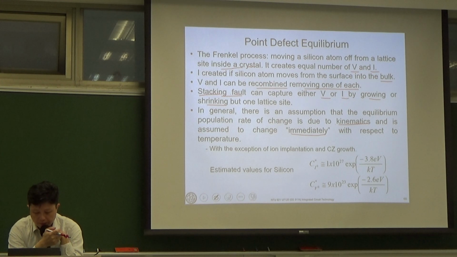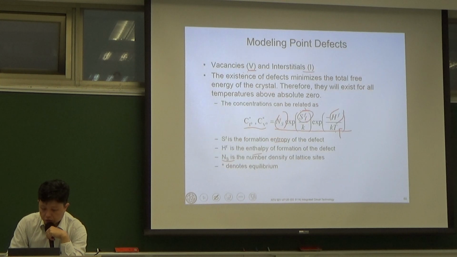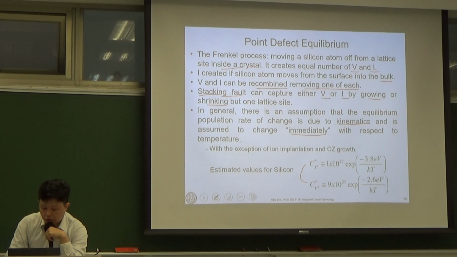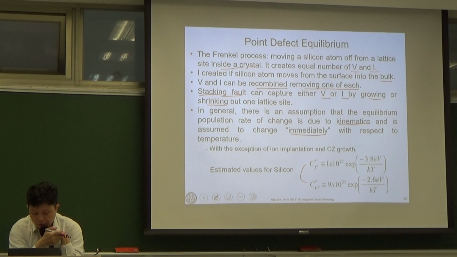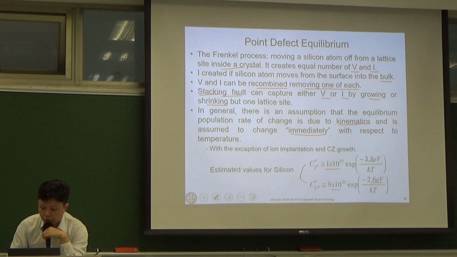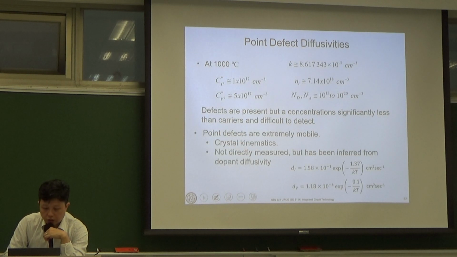Okay, and here you can just directly get these numbers. We plug in all the parameters here, and we can write these estimation equations for your I and V concentration in your crystal. These are some empirical numbers we can use.